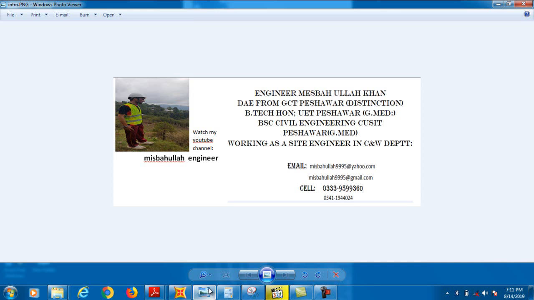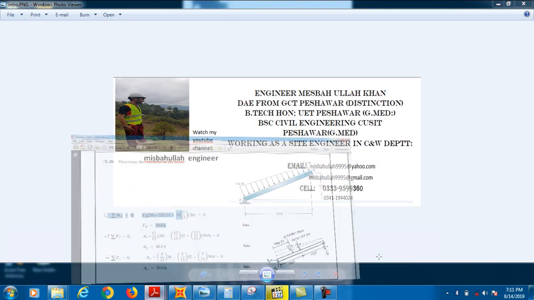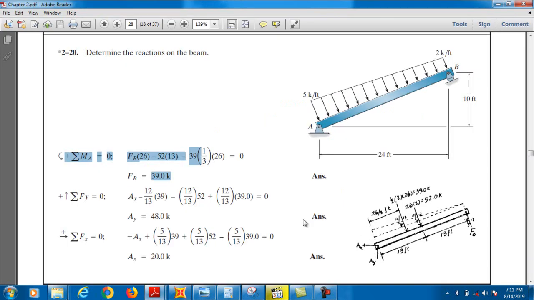Okay. So, in this lecture today, inshallah, we will cover a very unique problem. And this problem is basically based on an inclined member. Although it is a simply supported beam, having a hinge support and a roller support.